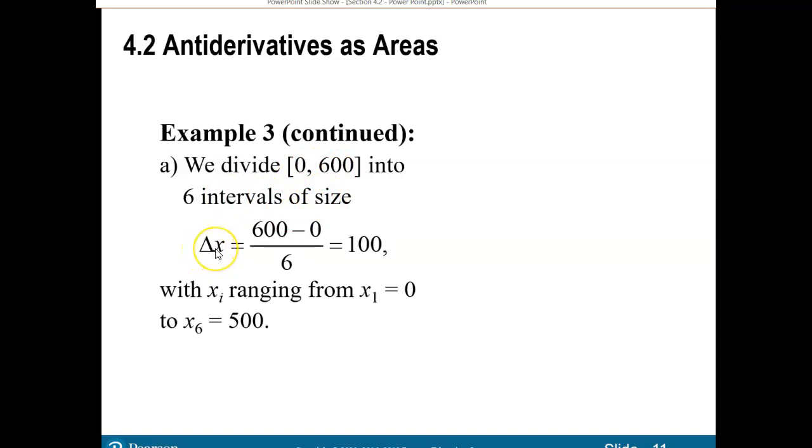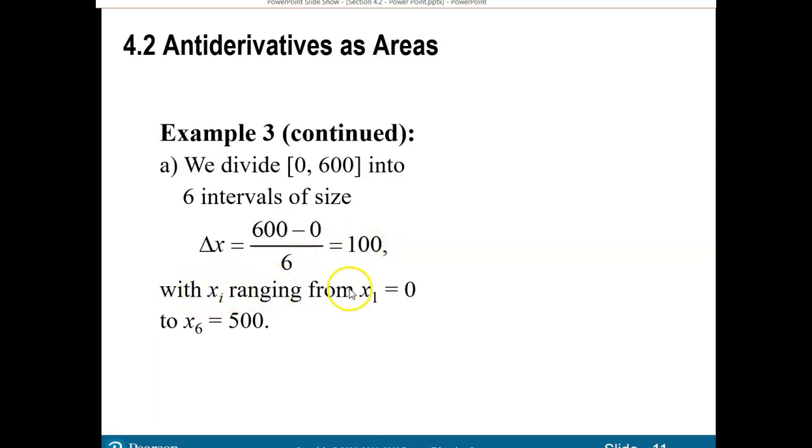So for our delta x, we always find delta x first. 600 minus 0, the right endpoint minus the left endpoint, divided by the number of intervals, 6. So that's 600 divided by 6, which is 100.